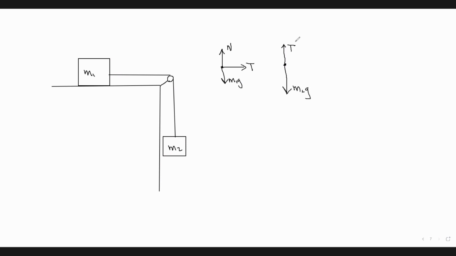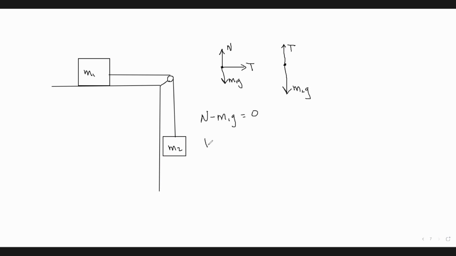All right, so let's write down the equations of motion. We have N minus M1G is equal to 0. Well, that just tells me what the normal force is, but that equation doesn't do any good for me right now.